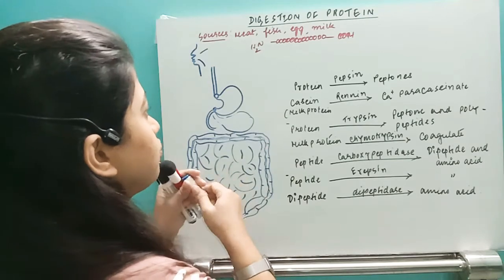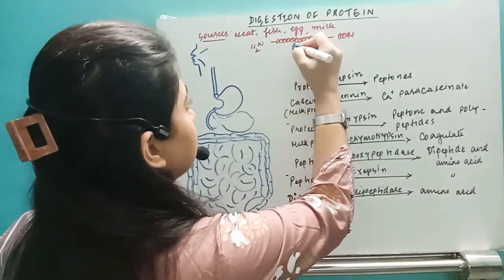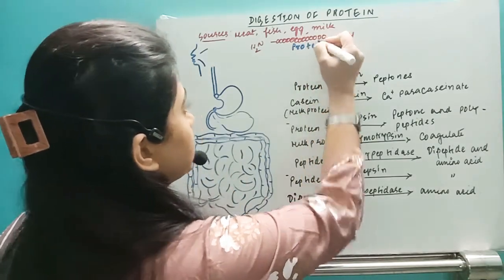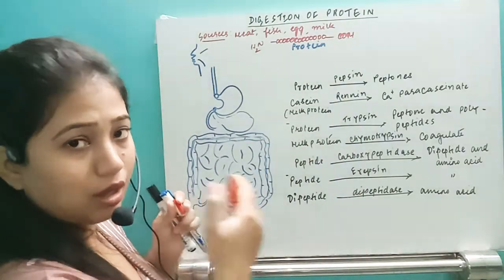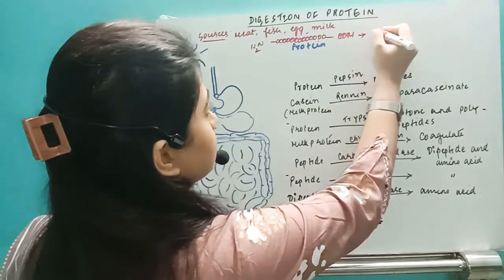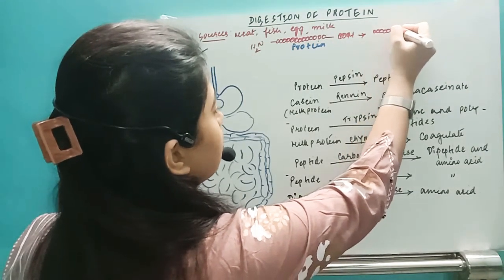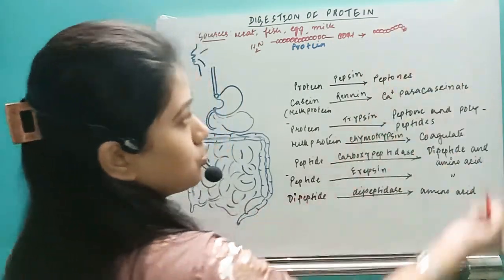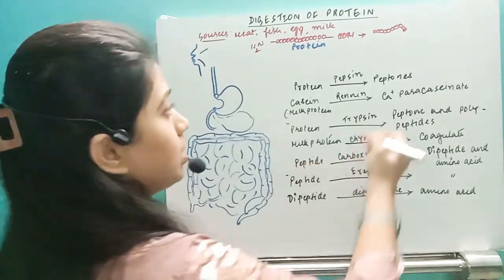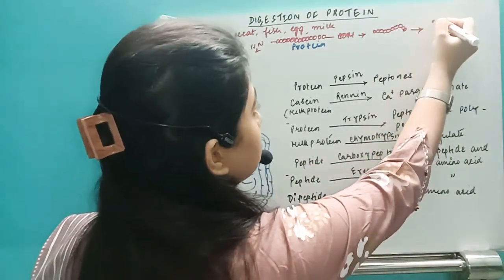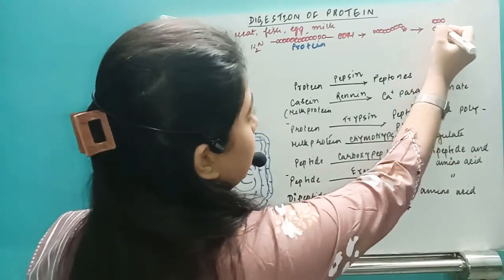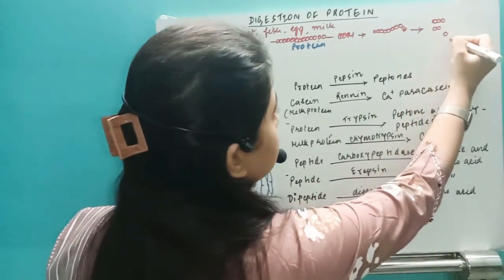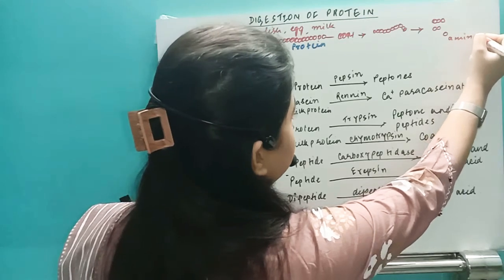So this protein is broken down into smaller polypeptides. Then the polypeptides will eventually be broken down into tripeptides, dipeptides, and eventually the amino acid.